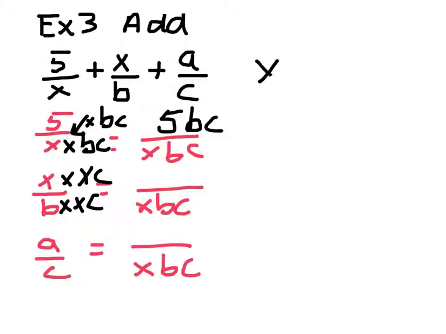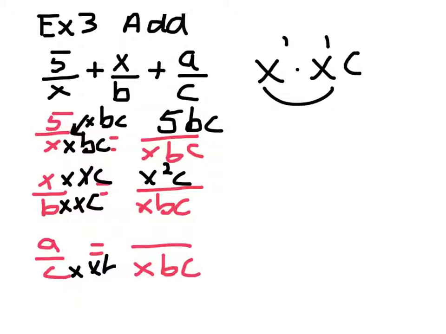What is x times xc? What's x times x? Add the exponents, so it's x squared c. Let's see, c times xb gives me xbc, so multiply the top times xb, and I get axb.